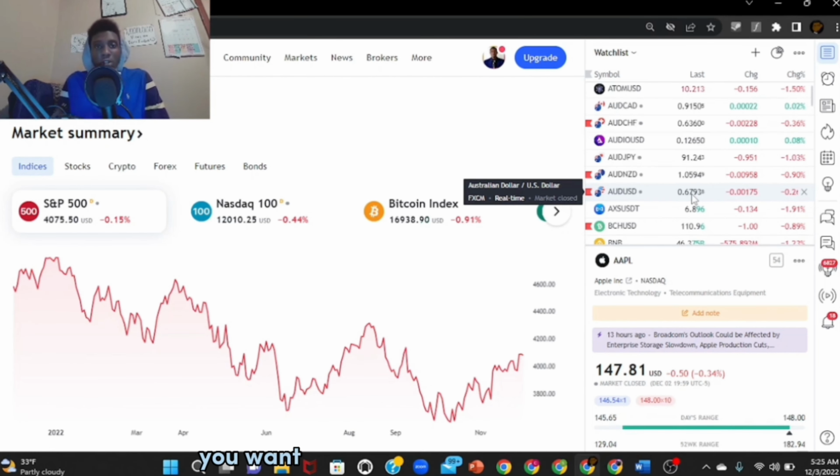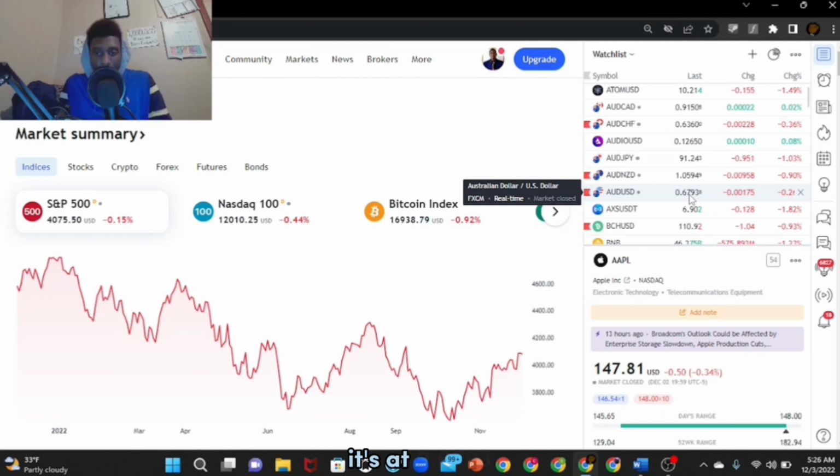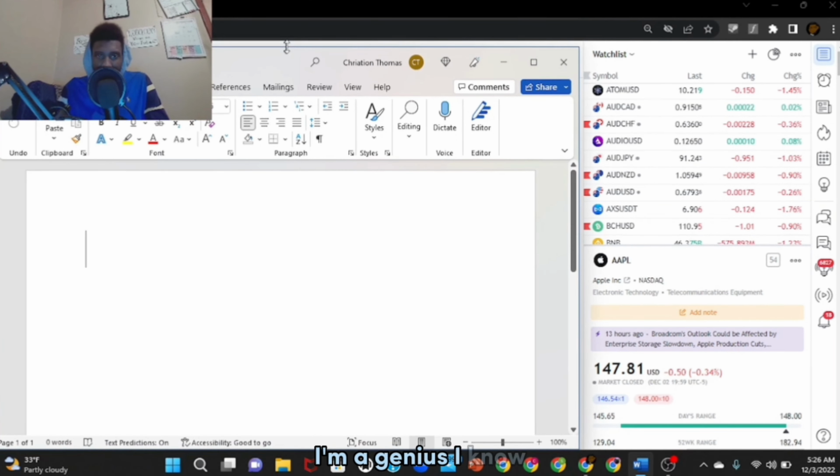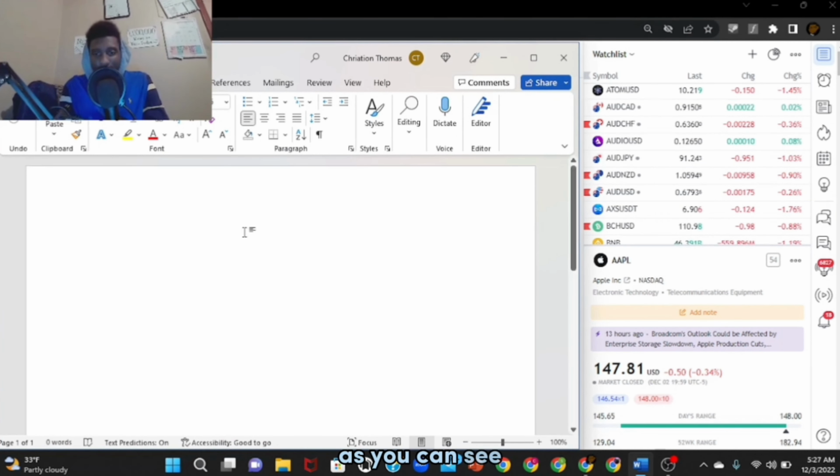When counting pips, you want to go to the 4th decimal place, and that's where you start, except for the Japanese yen pairs, the JPY pairs. With AUD USD, it's at 0.6793.